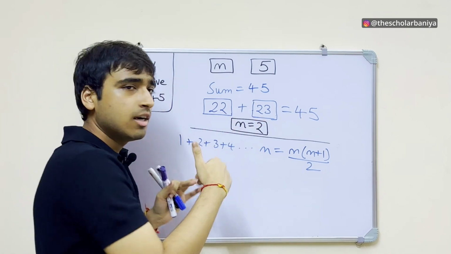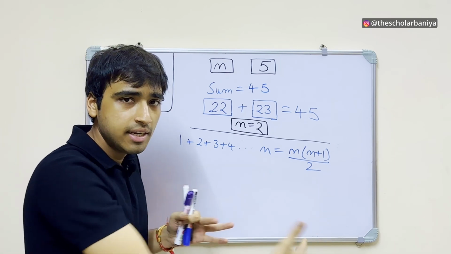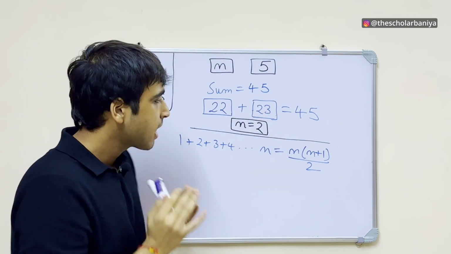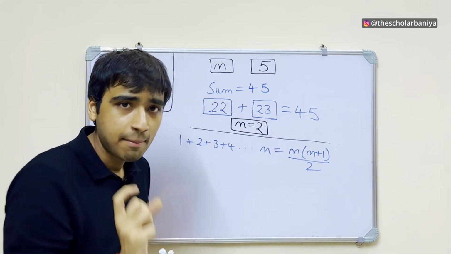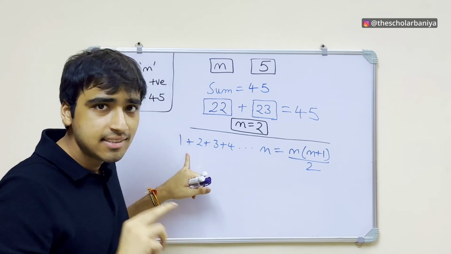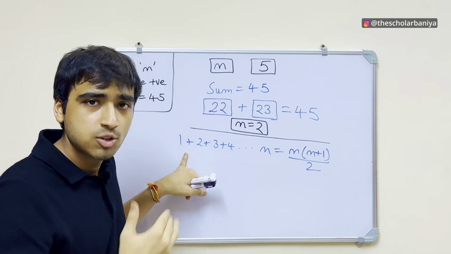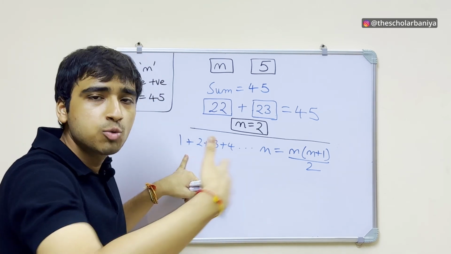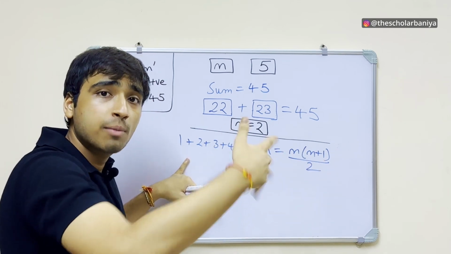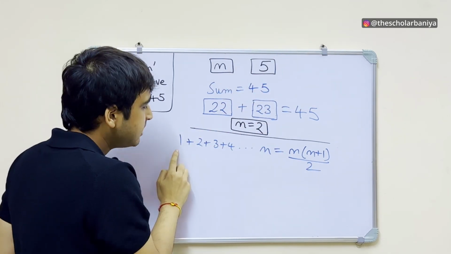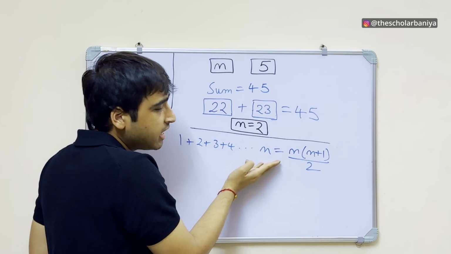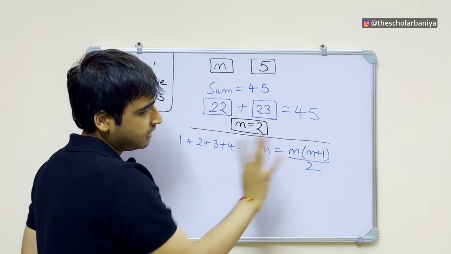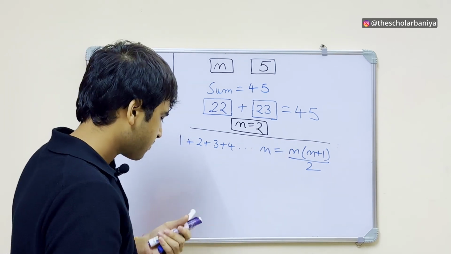These are two numbers, 22 and 23, and their sum is 45. But this formula is only applicable when we have a series starting from 1. So 1 plus 2 plus 3, or 1 plus 2 plus 3 plus 4, up to 100, whatever. Any series which contains consecutive numbers starting from 1, then this formula is valid, right?